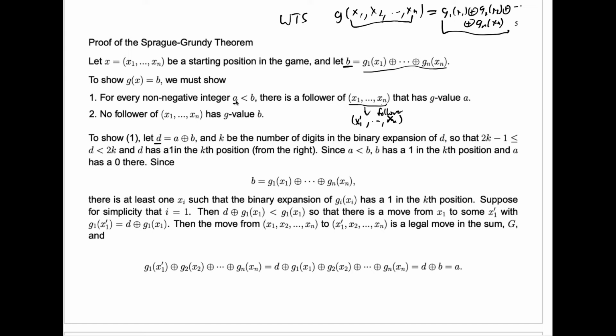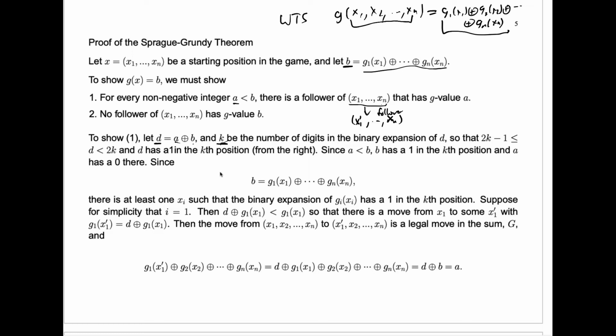So a is the desired target where we want to find the follower of the position with Sprague-Grundy value a. We'll take a, we'll look at the nim sum with b, and then essentially we're going to do what we did when we asked the question in the nim strategy: which pile do I have to take stones from? We look at that nim sum here and we ask, where's the biggest one?